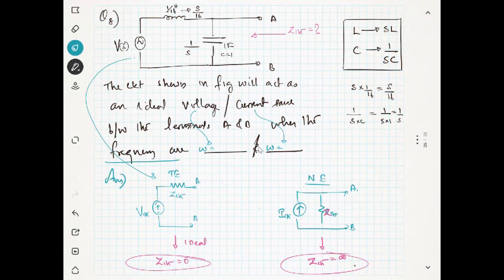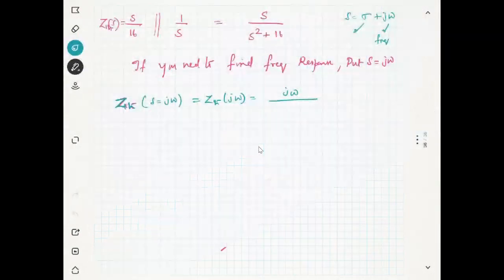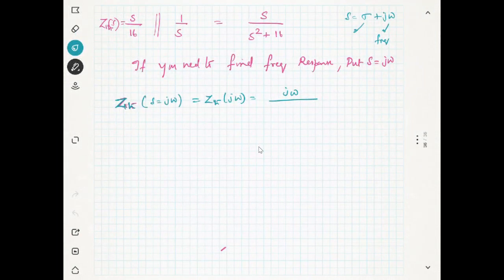Clear? So we will just put S equal to j omega. There are a lot of things to be explained about the Laplace domain. Inshallah, if time permits, I will explain to you later.